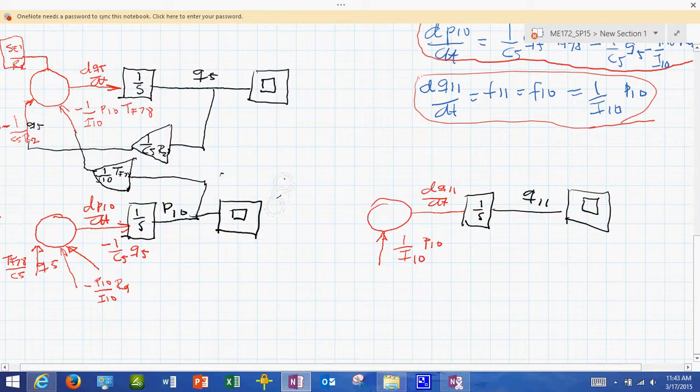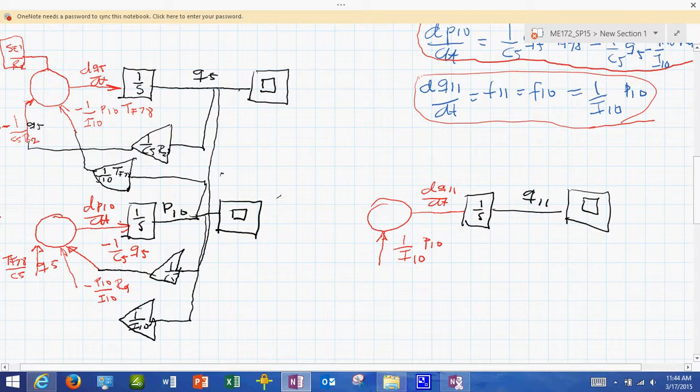This one has Q sub 5. As you can see, you need Q sub 5 here. Multiply it by 1 over C sub 5, and there it goes. And this other one is P sub 10, which you pick up from here. Here, this would be 1 over I sub 10 times R sub 9.